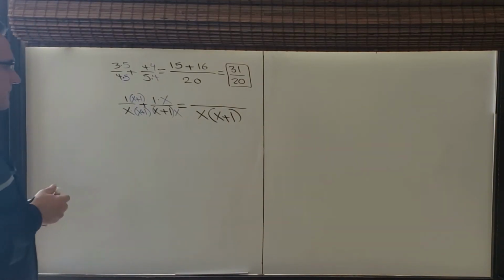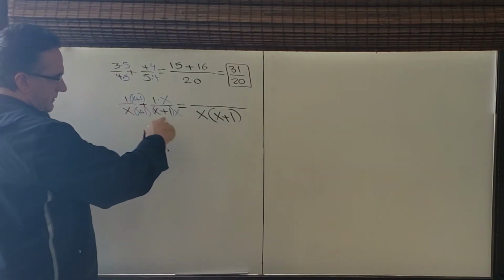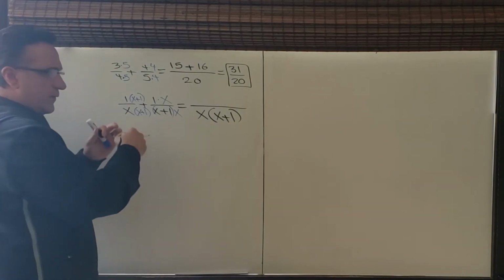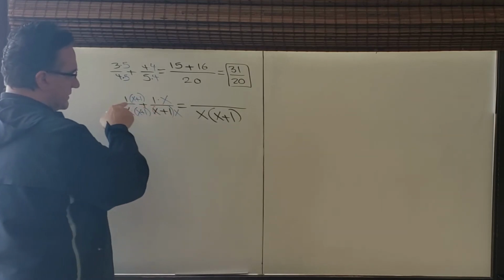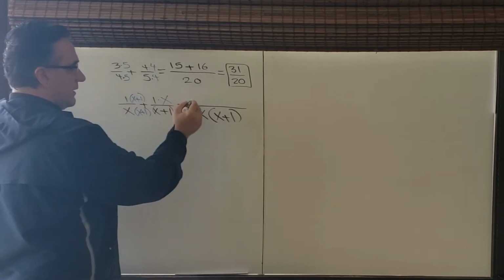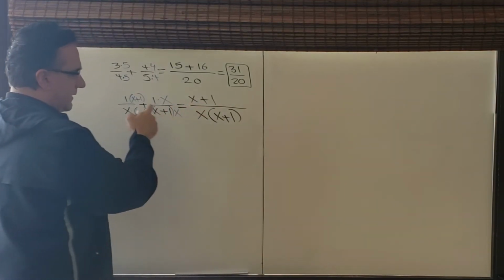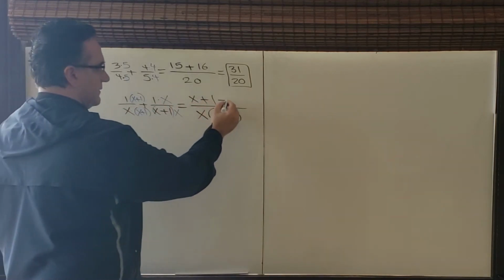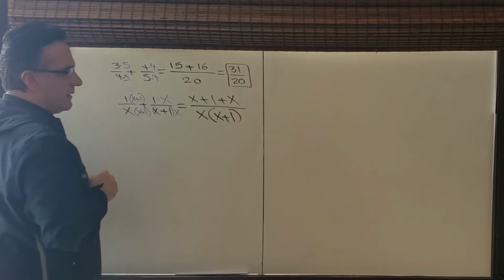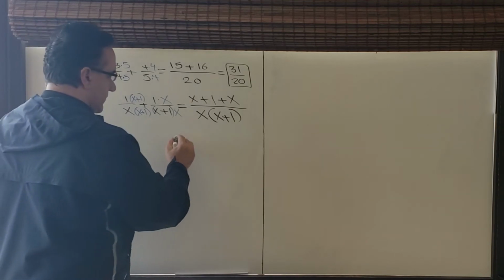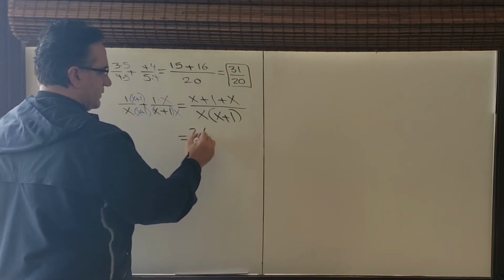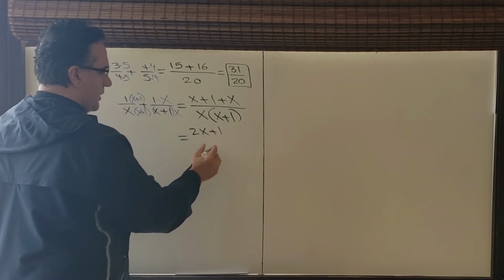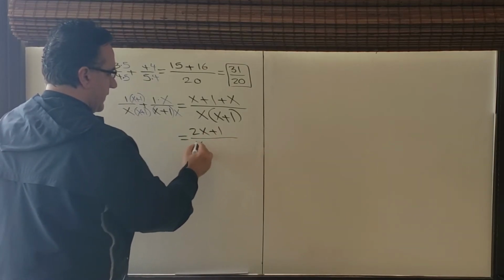Okay, and we end up with denominators being the same, therefore now they're like fractions, and we can just simply combine the numerators. So the new numerators are x plus 1 and x.